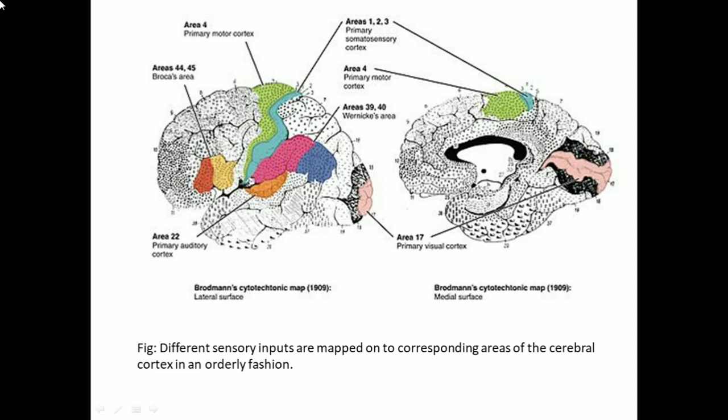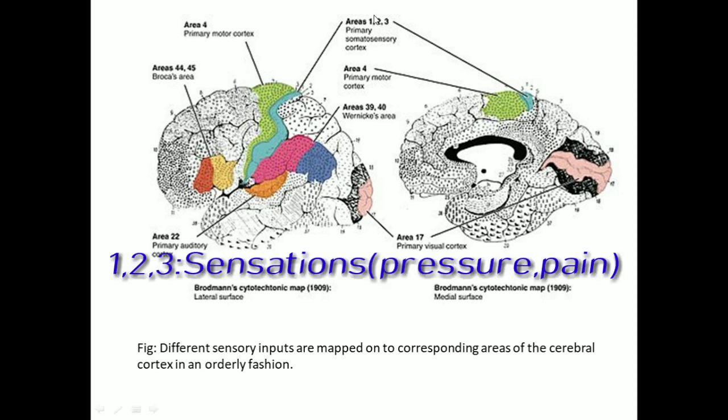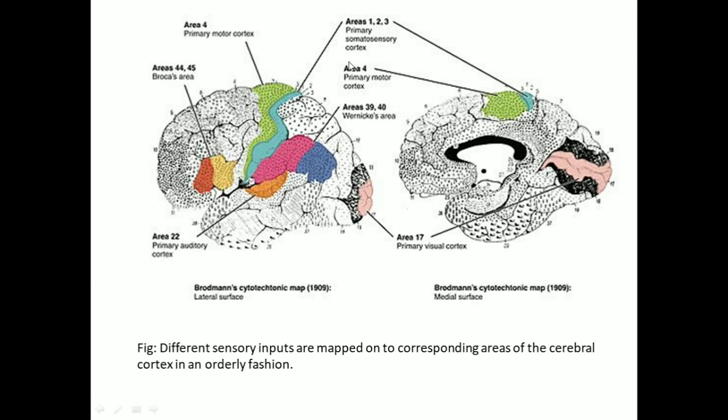You see here areas 1, 2, 3 represent the primary somatosensory cortex, area 4 represents the primary motor cortex, areas 44 and 45 represent Broca's area, and area 22 represents the primary auditory cortex. In this manner, different areas represent different types of sensory inputs mapped to the cerebral cortex.